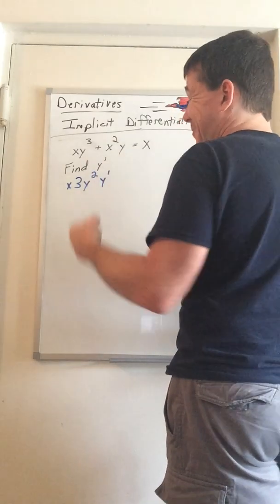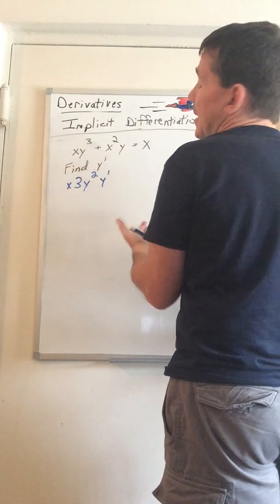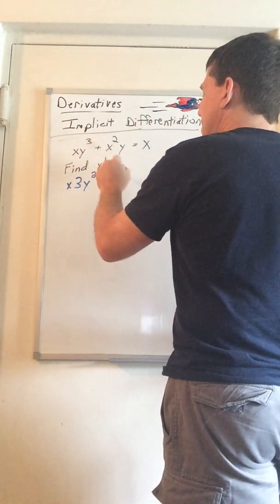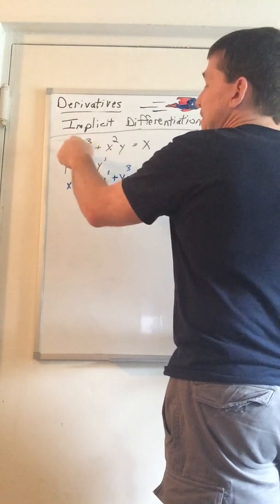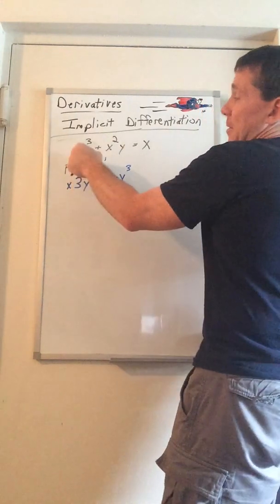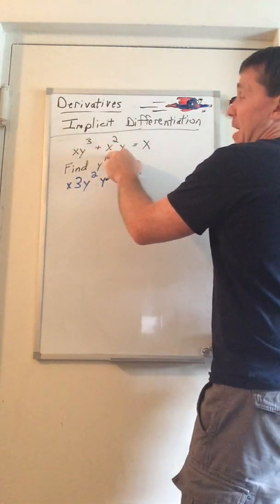And now, like I said in the last video, this is where sometimes students will get confused. They'll stop here and jump to the next one. Product rule. First, derivative of second, plus the second, which is y cubed, times the derivative of the first, the derivative of x is 1. That's all the derivative of this thing. Now I do this, which is another product rule.